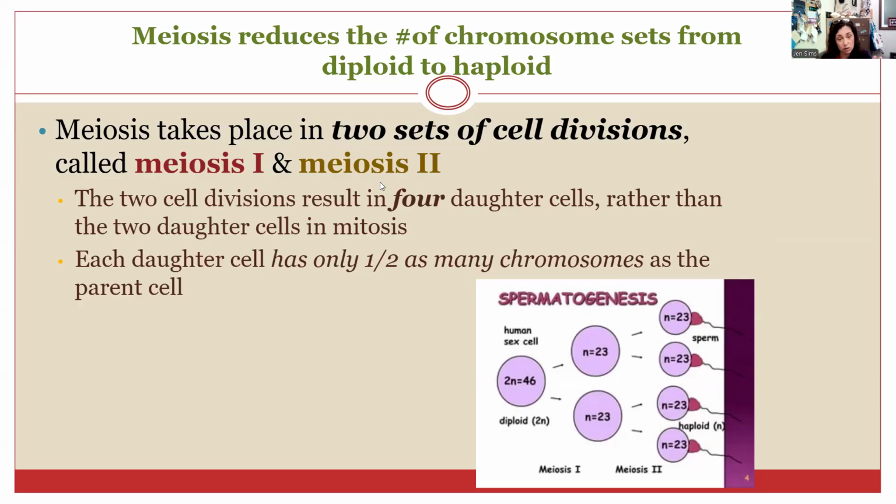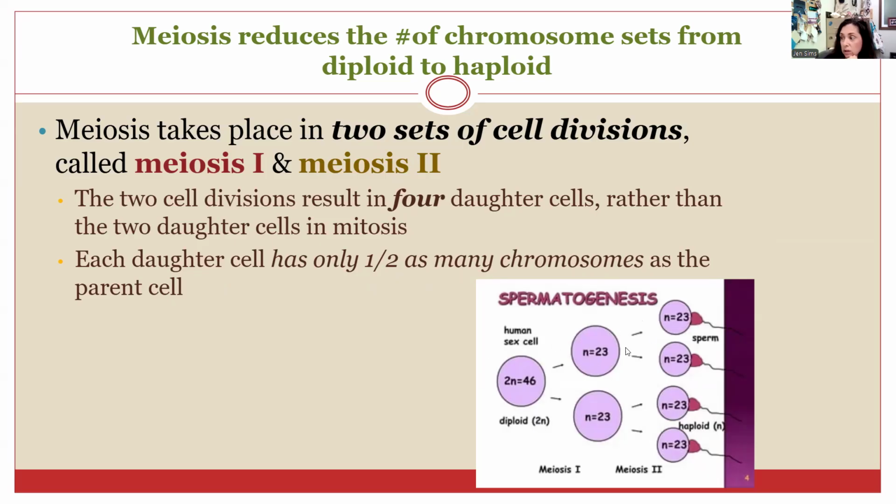And because again, you go through it twice, and please note, you do not undergo replication between meiosis 1 and meiosis 2, you cut that chromosomal number in half.